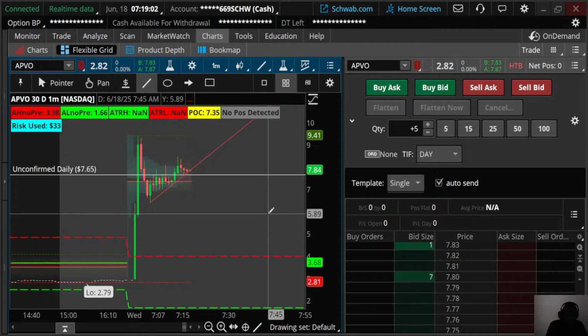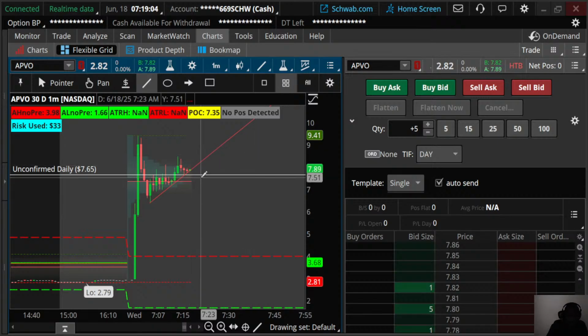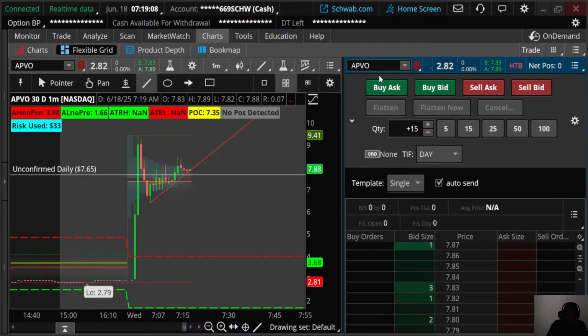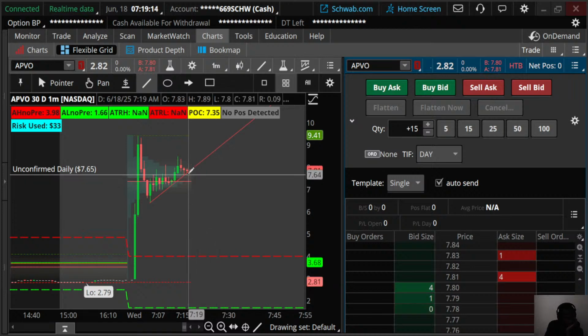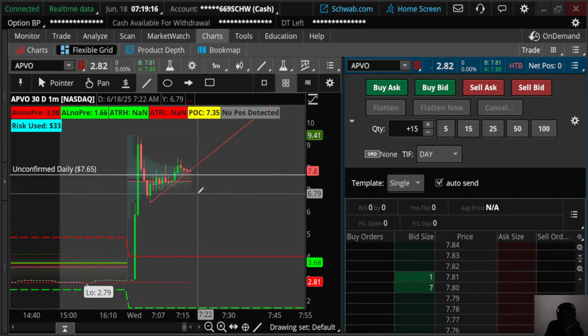Okay. So held again. Held again. That same catalyst. Looking like it's just consolidating there.